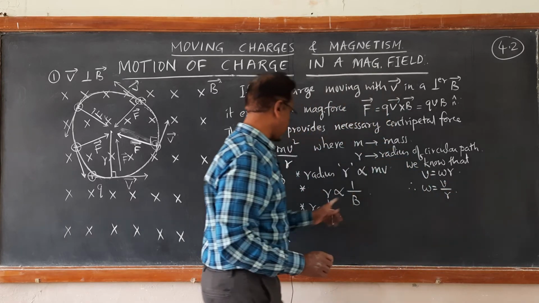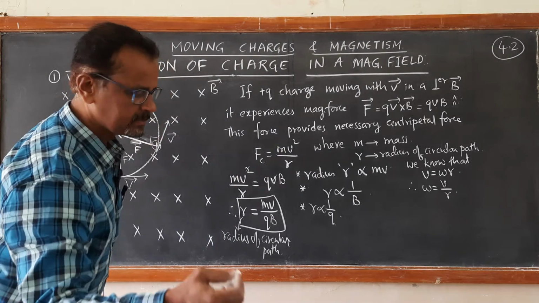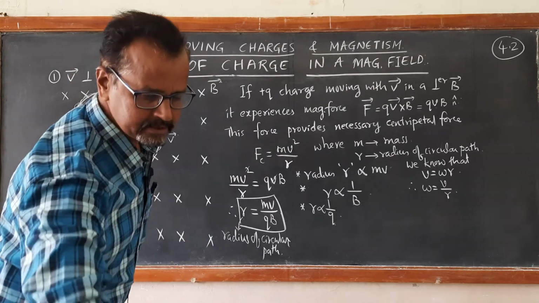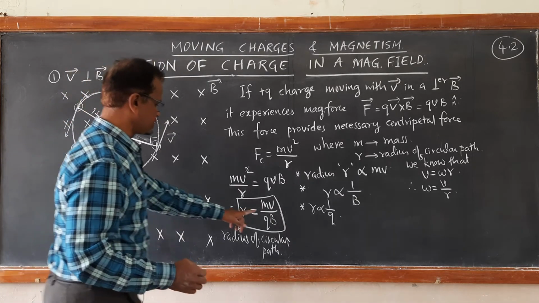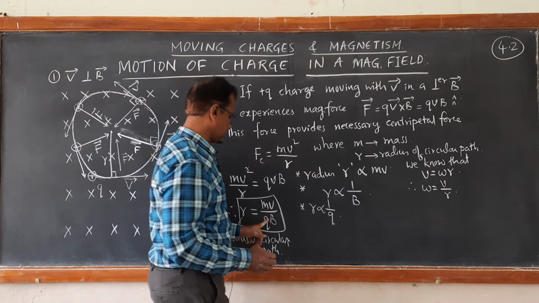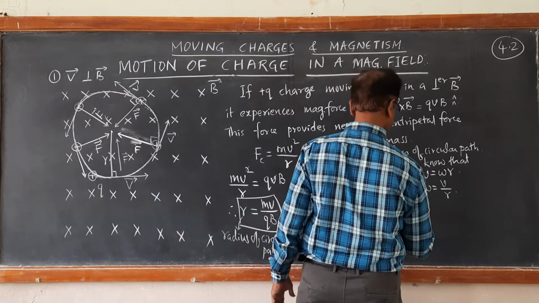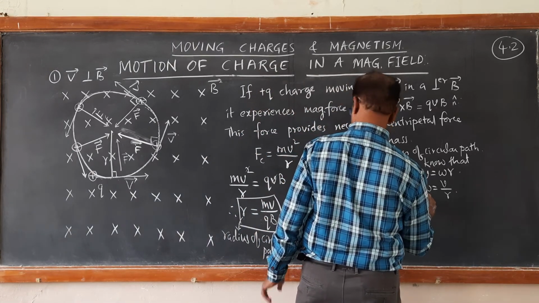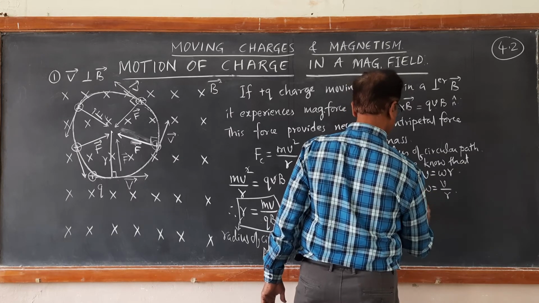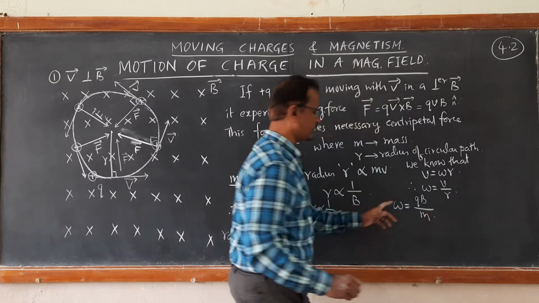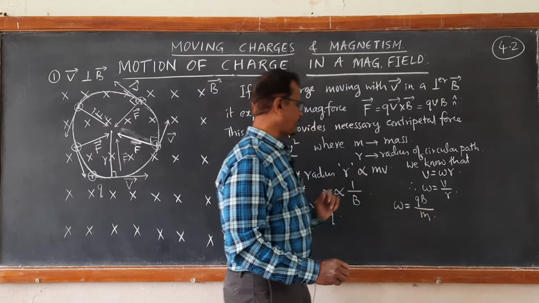Using this I can find out what omega is. Omega is equal to v by r, which is qB upon m. So from this equation, omega is equal to qB upon m. Means angular frequency is equal to qB upon m.